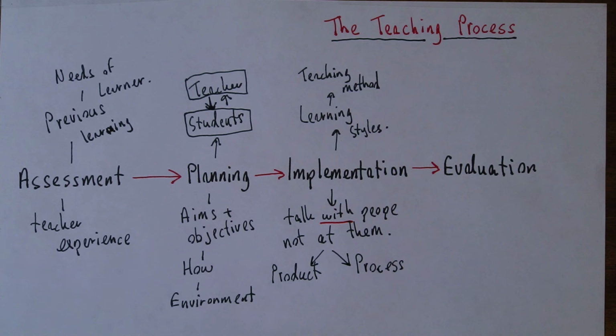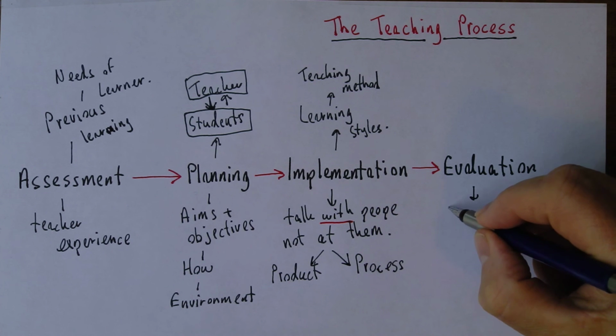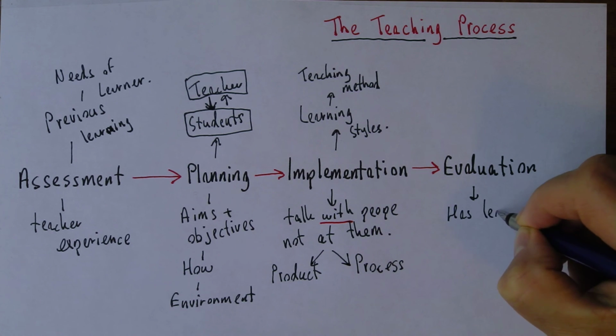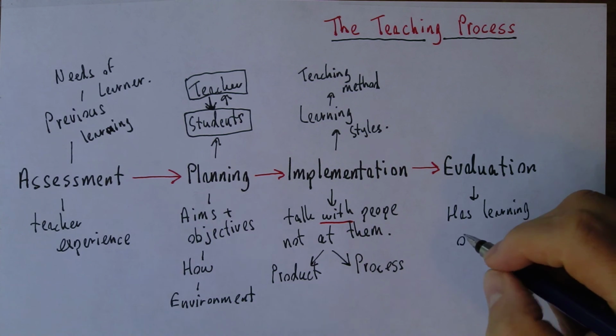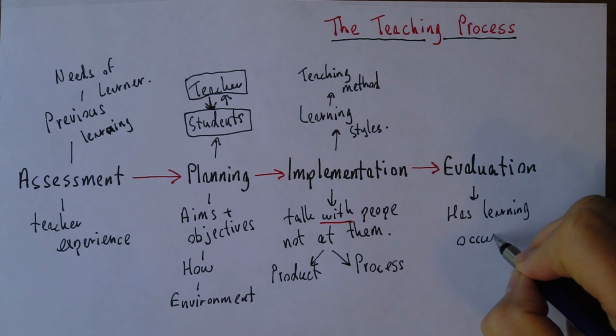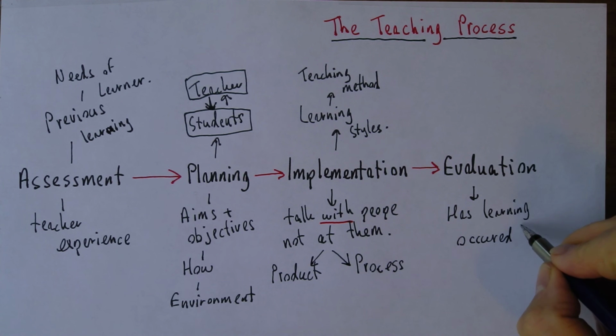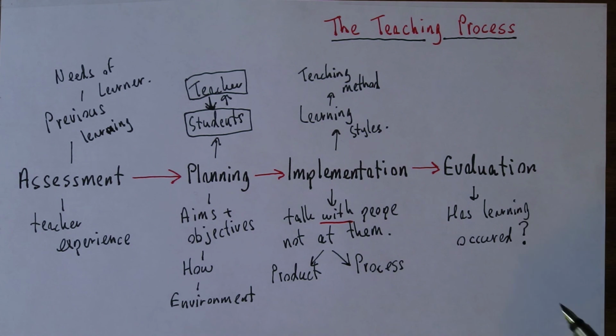And then the last part of the process, as we see here, is the evaluation. So has learning occurred is the very simple question. Has it worked? Has learning occurred? If it hasn't, then you could argue that the whole thing's been a bit of a waste of time. Learning needs to occur.